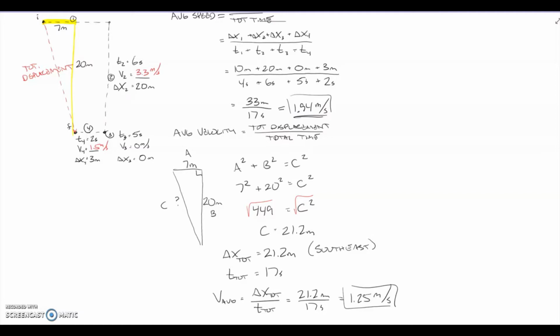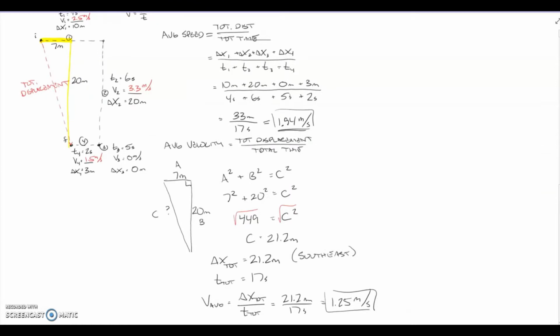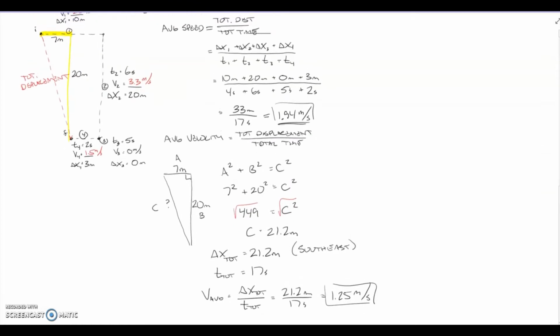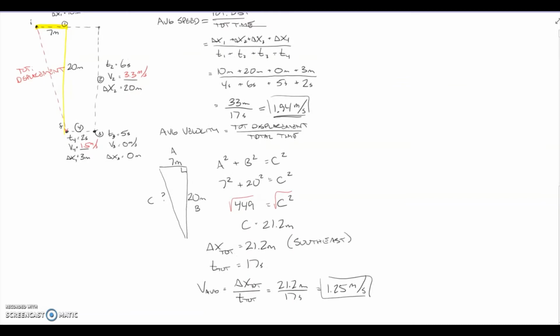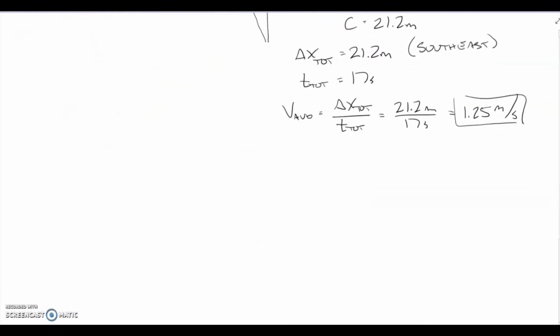All right, so this is how we find average velocity, and differentiate it from average speed. Remember, velocity is total displacement, so it's a straight line path. It's what they say as a crow flies, a direct line path. So when we do these problems, if we're changing direction, we would look at using Pythagorean theorem. In some problems, sometimes the character will move to the right some distance and then return some other distance, right?